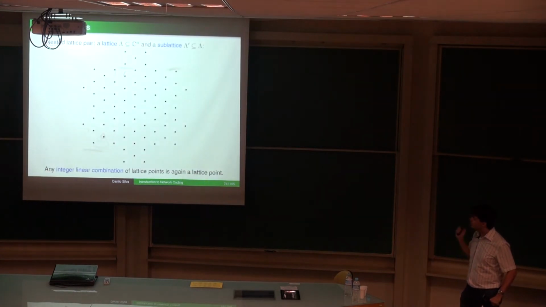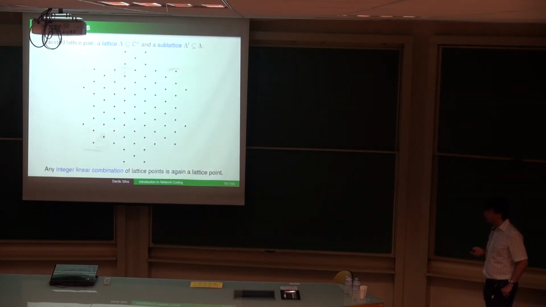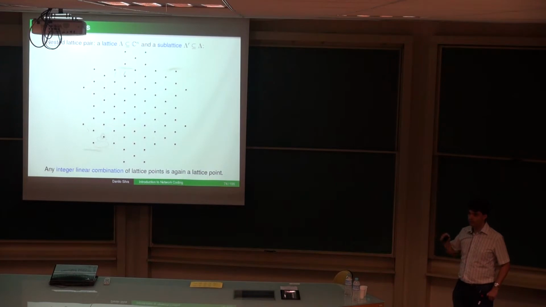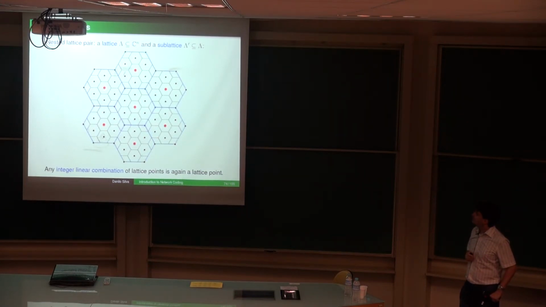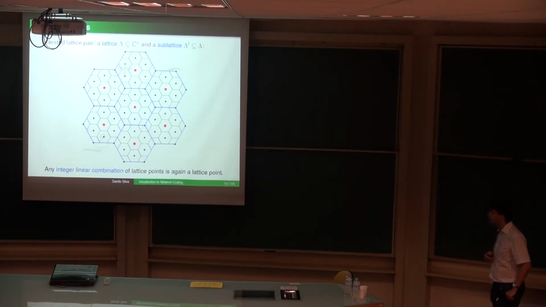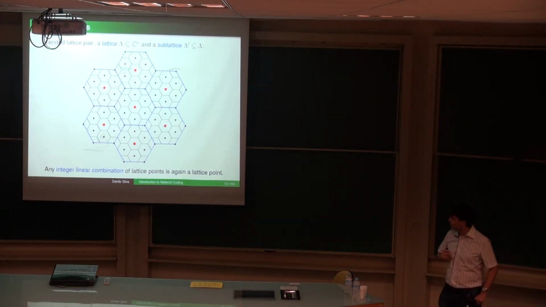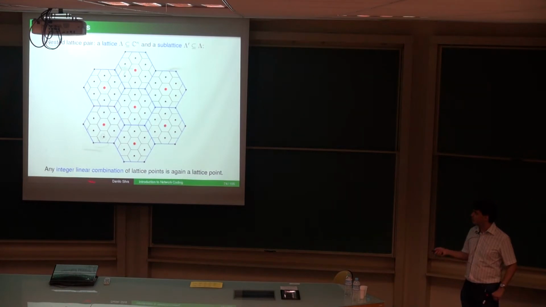So we'll start with a nested lattice pair. I'll assume you all know what this is about. You have a lattice lambda and a sublattice lambda prime. Let's just recall the main property of lattices: any linear combination of lattice points is again in the lattice.